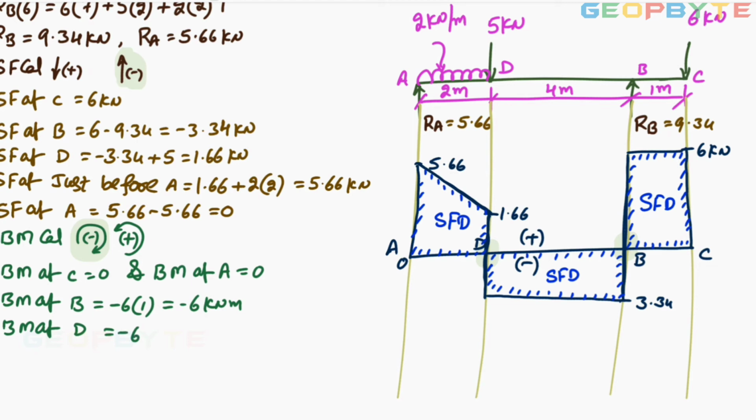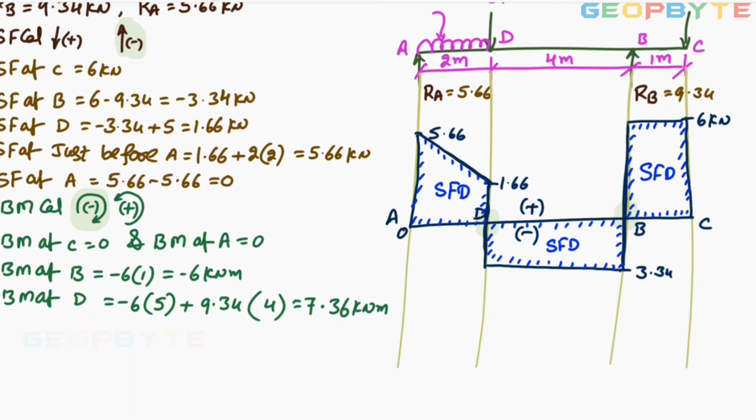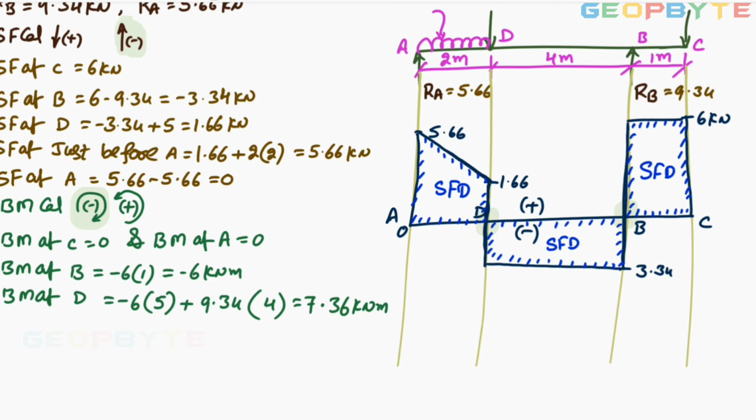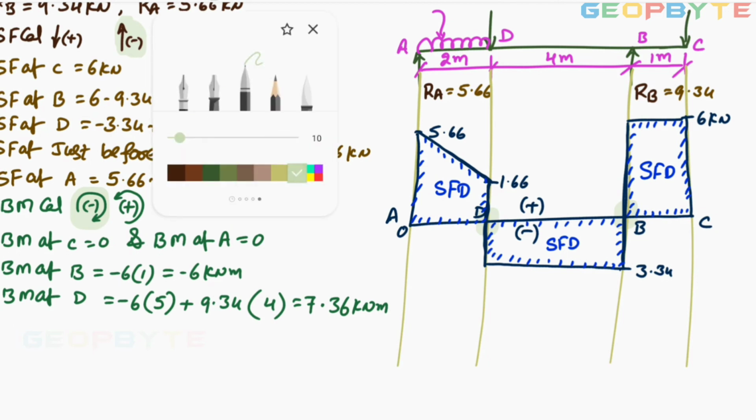So minus 6 into 5 plus 9.34 multiplied by 4. Simplify the value for getting the bending moment. Anyhow, bending moment at A equal to 0. Let us simplify the values. So I got the BM at D 7.36. Now project the vertical lines.